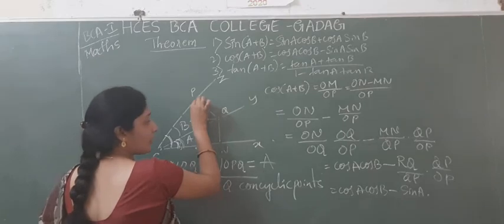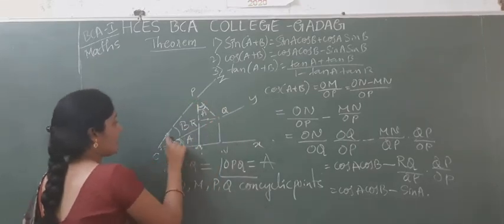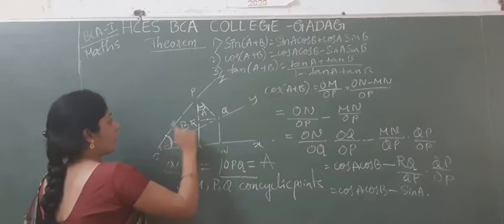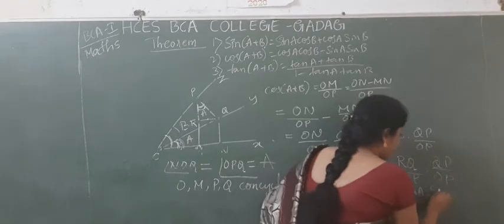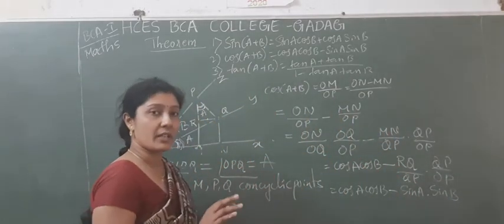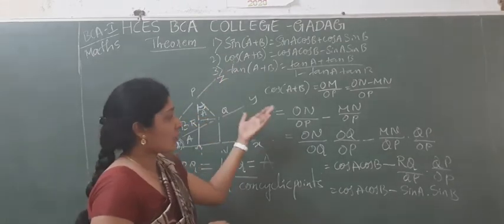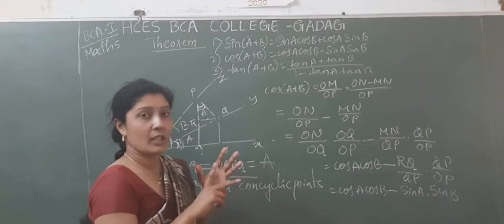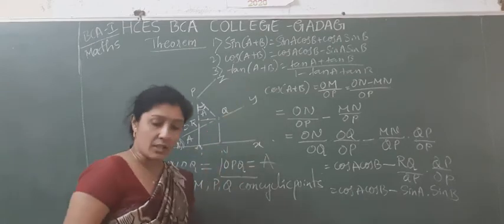See, QP divided by OP is nothing but opposite of B and OP hypotenuse. Hence it is sin B. So this is how we derive the second one, that is cos A plus B. Okay. So after knowing sin and cos, it is very easy to derive the third one.